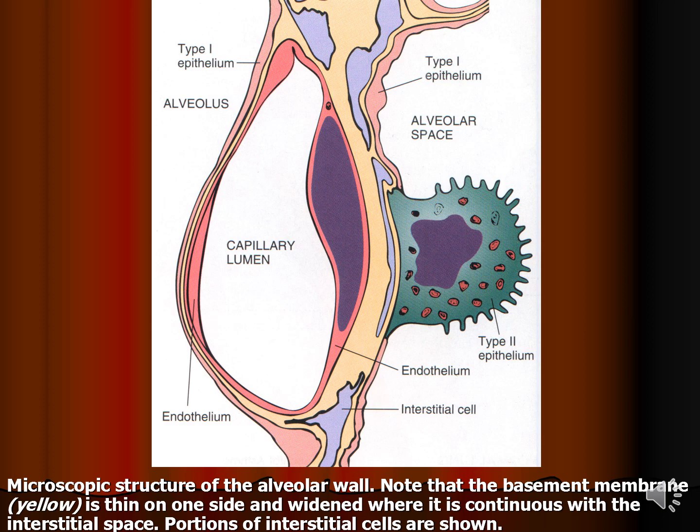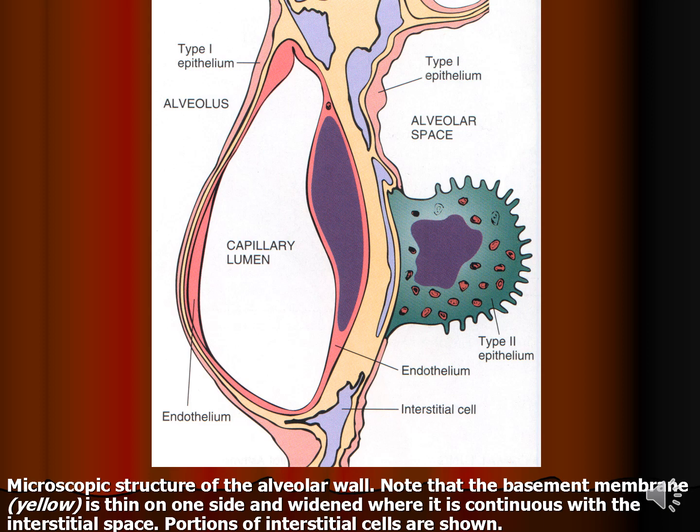The inner layer of the capillary is endothelium. Here you see the nucleus of the endothelial cell. Then we see the basement membrane, yellow. Here you see also the interstitial cells in the thicker area of the interstitium. And then the alveolar space.